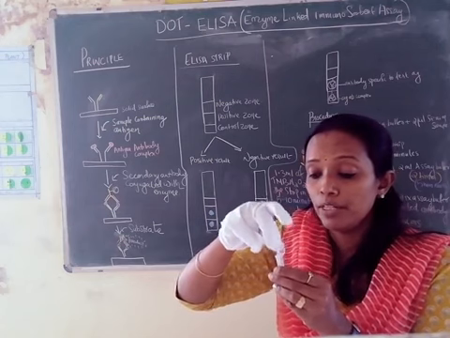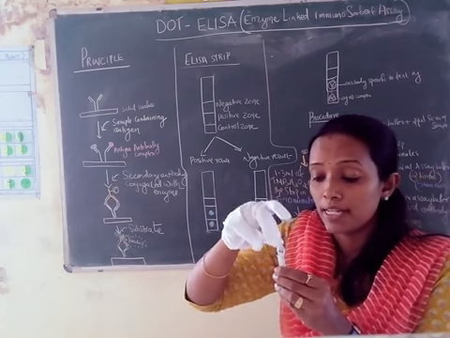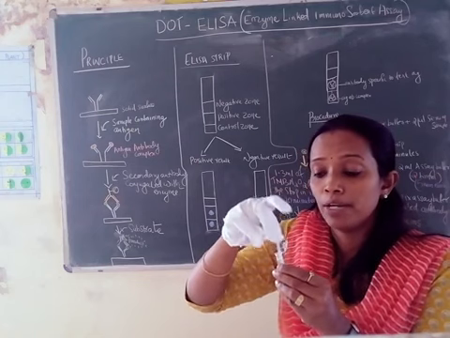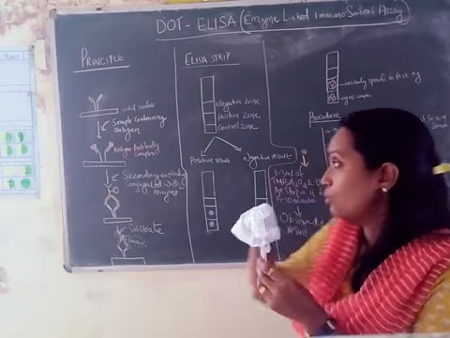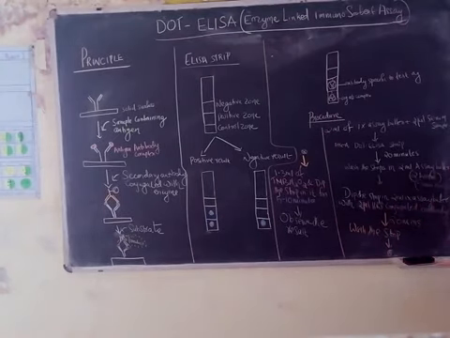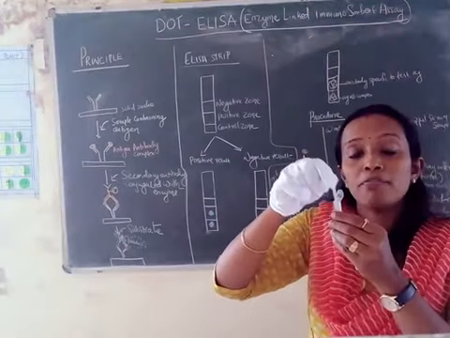Now, why are we doing the washing step? If any unbound antibodies or unbound antigen are there on the ELISA strip, they will be washed away by this process. We are washing this strip in 2 ml of assay buffer. You have to do the washing step 2 times, each for 5 minutes.